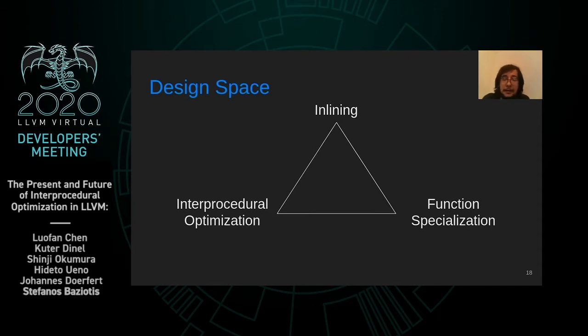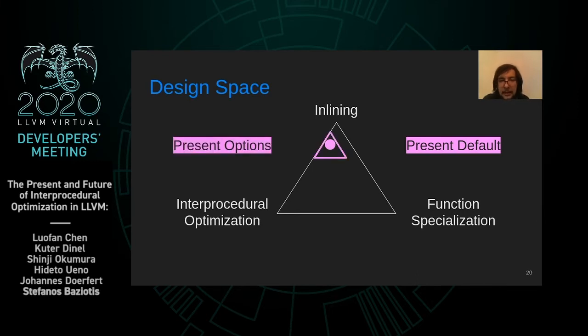Currently in LLVM, we are more oriented towards inlining. We have some really good interprocedural optimizations, we have good inlining, and actually our current available options do not give us a great coverage of the possible design space, right? But I think in the future we can have a greater balance between inlining, interprocedural optimizations, and function specialization.